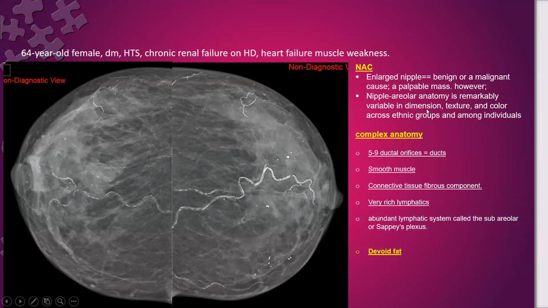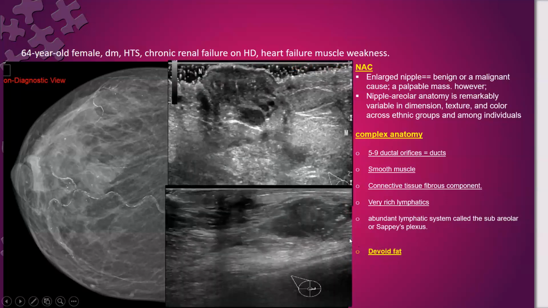Look, the dimension generally is variable, but look for the texture. Compare it with the other side. Okay? Definitely here it is enlarged. You observe it. Remember the anatomy of the nipple. And definitely you are not going to put anything related to fat in the differential diagnosis.